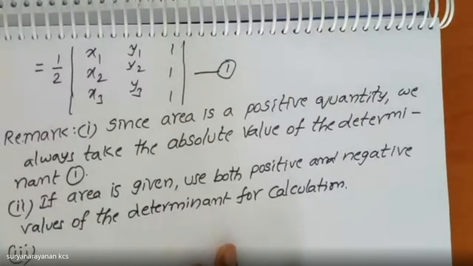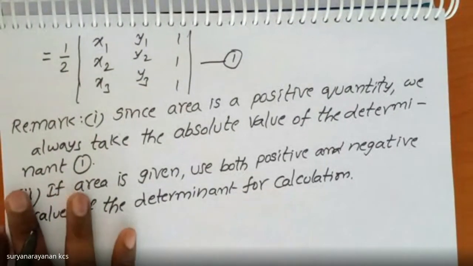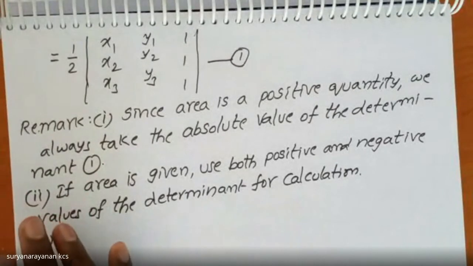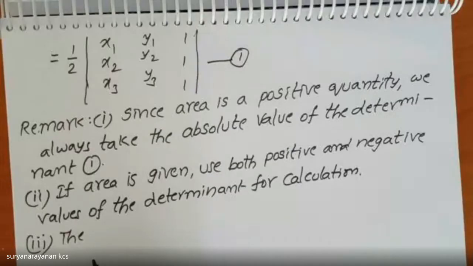And the third point: if the 3 points are collinear, can you draw a triangle? If the 3 points are lying on the same line, can you draw a triangle? No, sir. So in that case, the area of the triangle is 0.